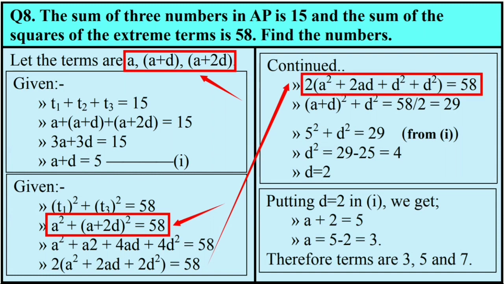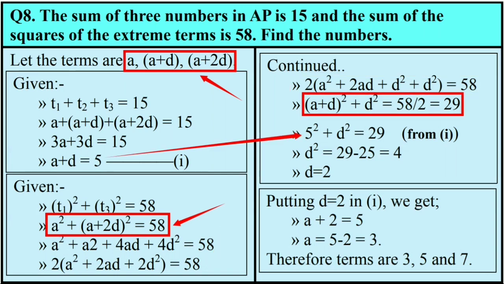Now simplification goes on. The control from the end of the second block goes to the top of the third block, where it is a lengthy expression, but I aim to get the expression containing a plus d, because we know that the value of a plus d is equal to 5. Hence we get a plus d whole square plus d square is equal to 58 by 2, that is 29.